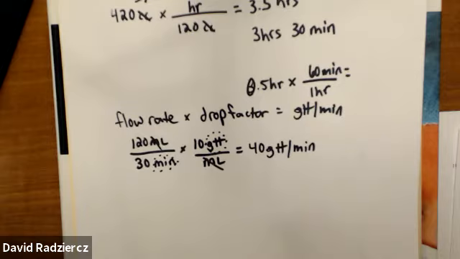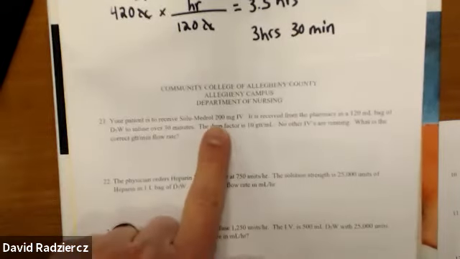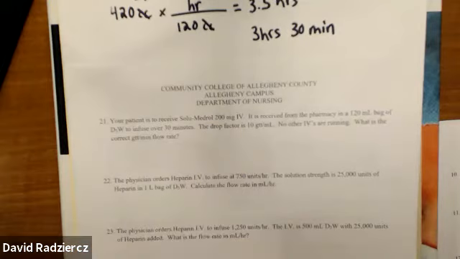Now, the other thing is, you didn't use where it said you have Solumedrol 200 milligrams IV. This was very similar to the other question. It's just stating what type of Solumedrol it is. So let's say there was Solumedrol 100 milligrams, 200 milligrams, and 300 milligram IVs available.